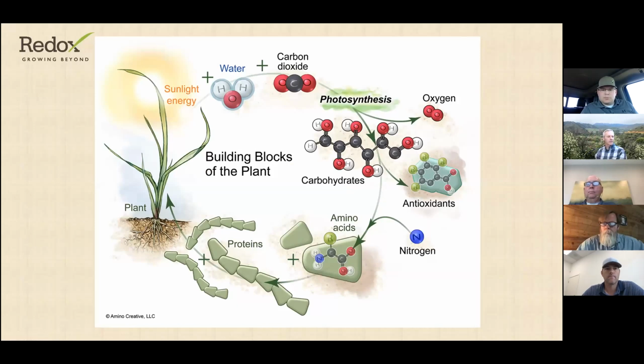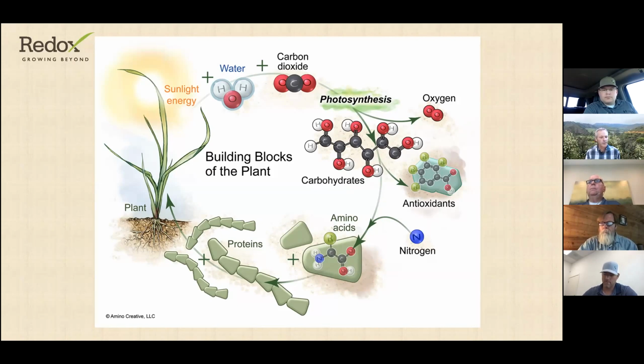So to start with, this is an illustration of a simplified view of the processes involved in plant growth. Sunlight energy combined with water and carbon dioxide from the atmosphere drives the process of photosynthesis, which results in production of carbohydrates.